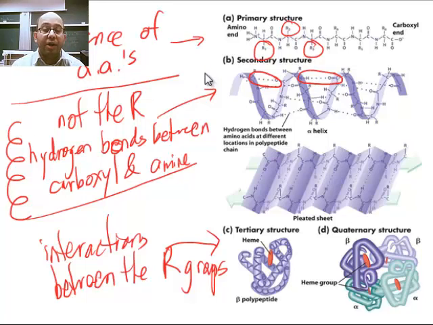So one of them is covalent bonds. When there are sulfur atoms, cysteine is one example of an R group, and it has sulfur in it. And if you have cysteines in different parts of the structure, they can actually bond together and form what's called a disulfide bond. So I will write the list of possible interactions that happen in the tertiary structure.